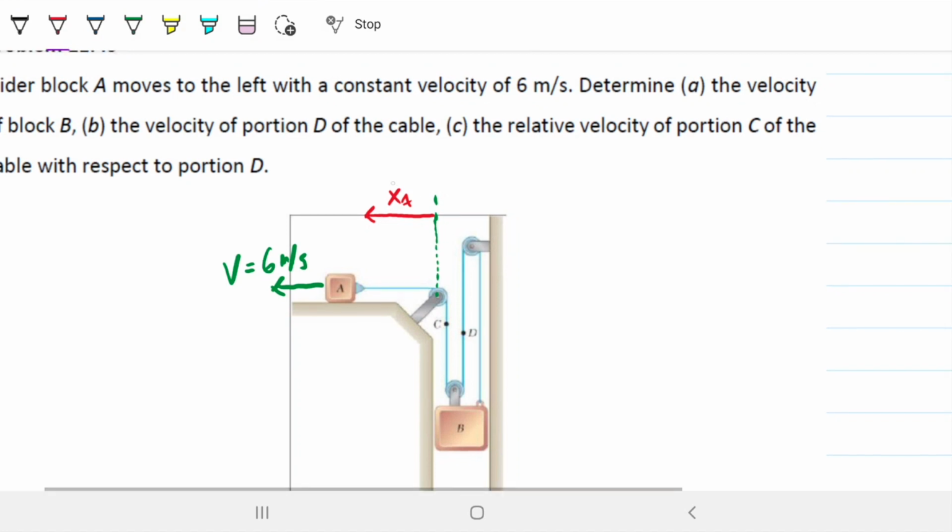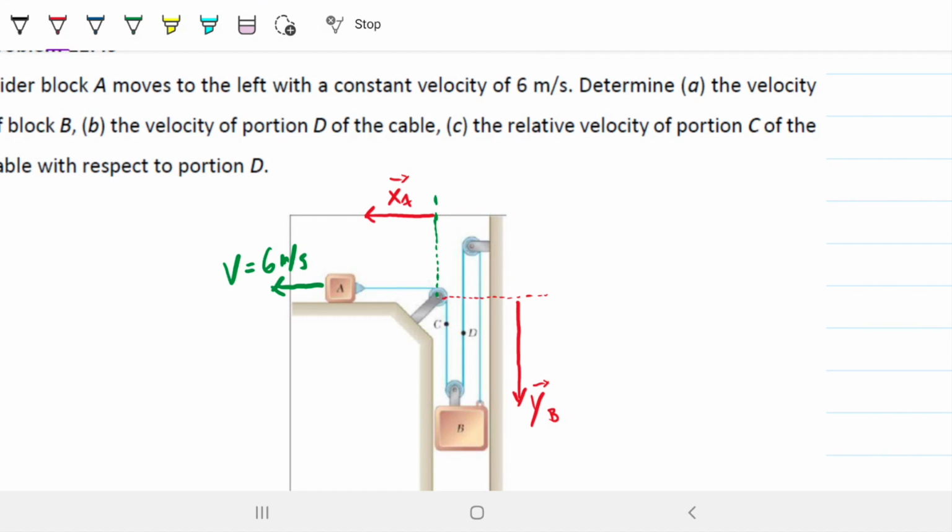And for B, I'm going to take the same center there, and I'm going to make a Y vector, YB, which leaves from that axis I just created right on the pulley and goes down.